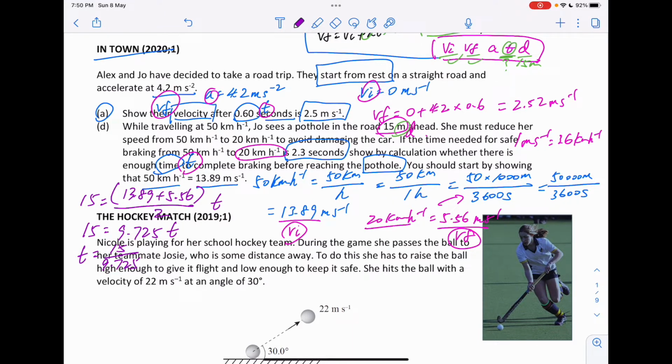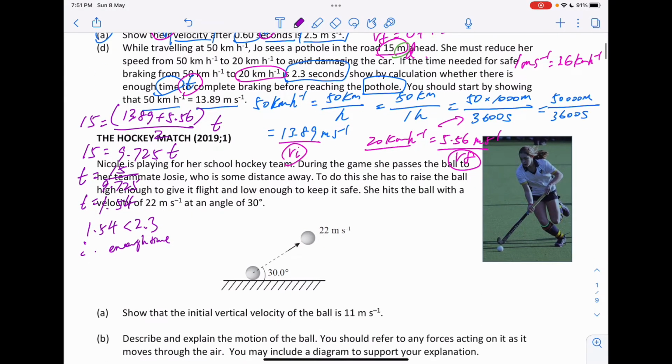So 15 divided by 9.725. So t is 1.54, which means that this is smaller than 2.3, so yeah, there is enough time. The answer will be enough time. Just don't write it so briefly.